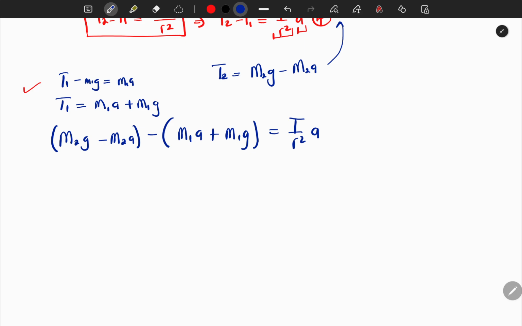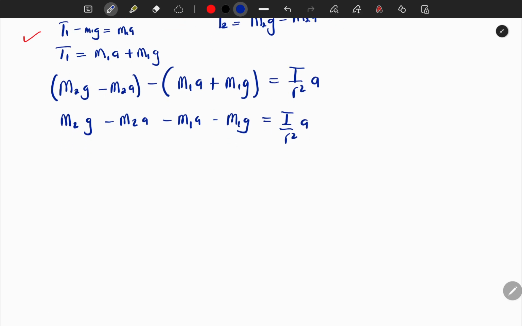All right, so we need to make a the subject of the formula, which is the acceleration. I think from here it is quite easy. That means a equals to... well, we can solve together. So we get m2g minus m2a minus m1a minus m1g is equal to I over r squared times a.